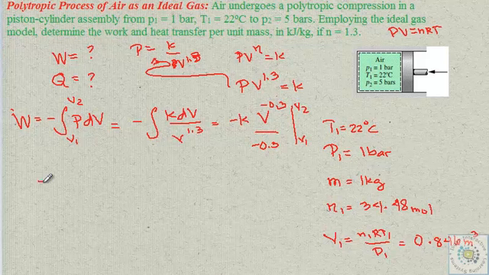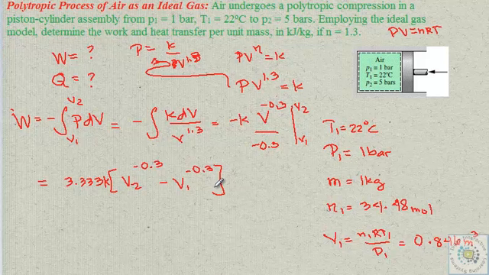Now work will therefore be equal to 1 divided by 0.3, that's 3.333, times K times V2 raised to the negative 0.3 minus V1 raised to the negative 0.3.